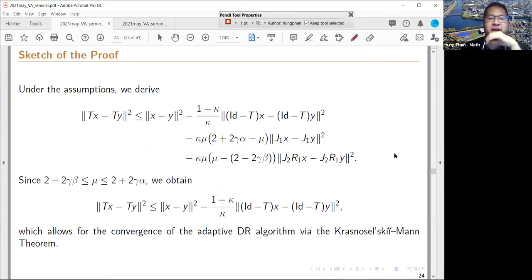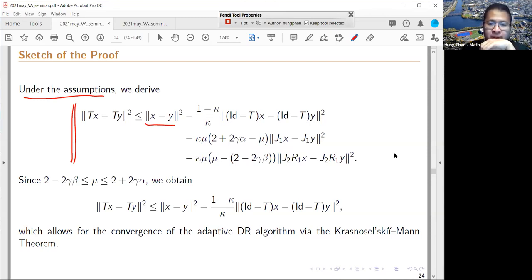Okay, so the gap is created when we look at the proof. Under the assumption, we will obtain a similar inequality for the operator T, just like the firmly non-expansive, and we want T at least to be... every term on the right-hand side except x minus y will decrease the bound for Tx minus Ty.